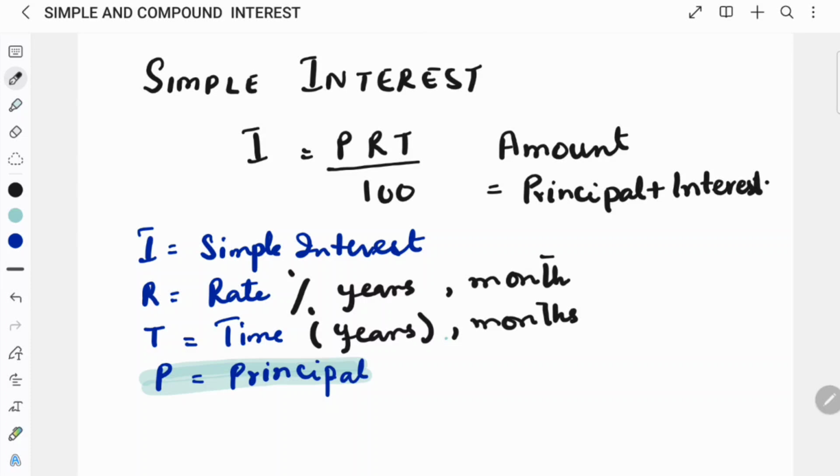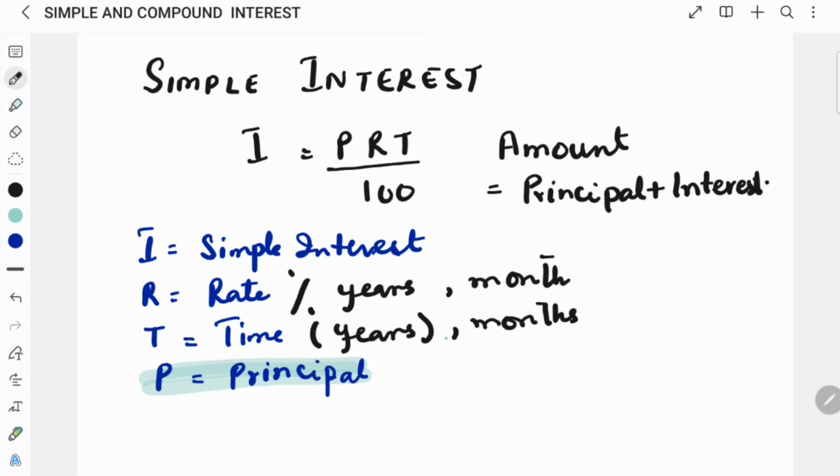All right, and then what is the amount? It is the principal plus interest. Basically, the amount is the total money you have after interest is added to the original amount. The original amount is the principal. Like you borrow money from the bank and then you have to pay some interest, and when you add it together, it will be the amount.